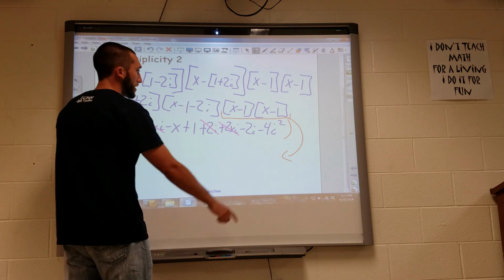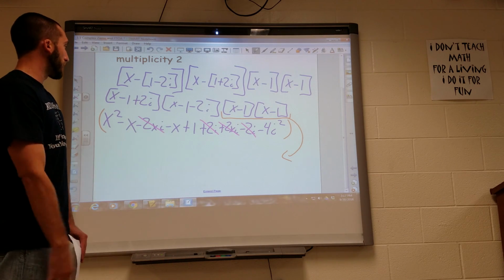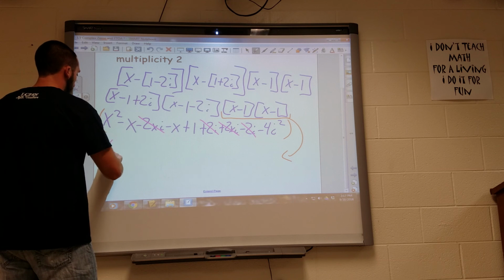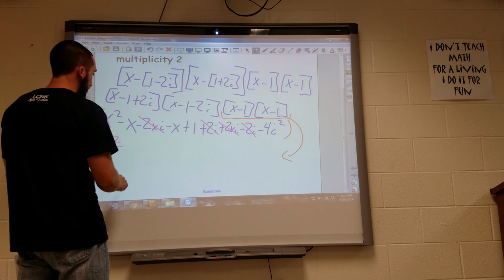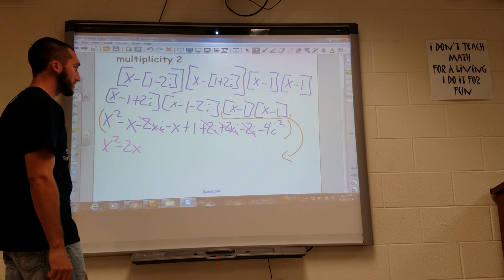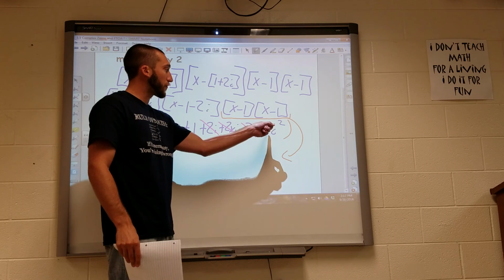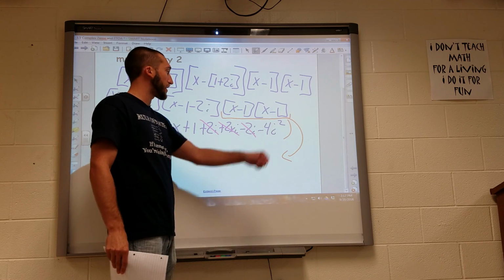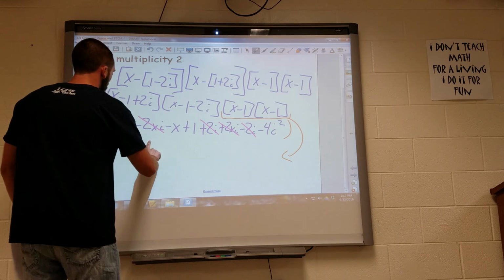Positive 2i, negative 2i. So now when I simplify a little bit, I get x squared minus x, and I have two negative x's. And here I have a positive 1 and minus 4, but remember i squared is a negative 1, so that's really a plus 4, so I end up with plus 5.